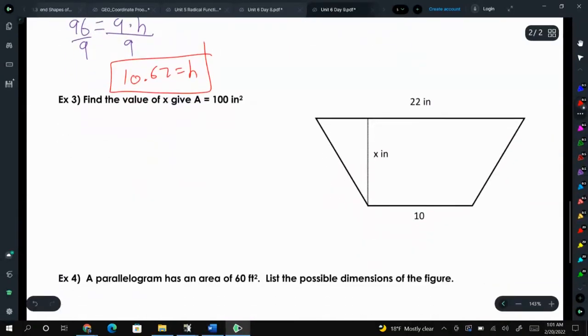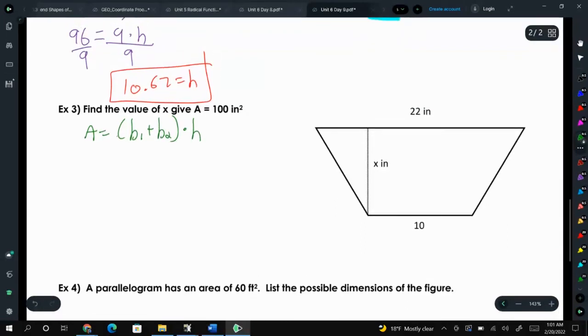Example number 3 is a trapezoid where I'm giving you the area. So you'll notice that all the problems on this page, I'm giving you the area and I'm asking you to find a missing dimension. In this instance, we know that the bases are parallel to one another, and it doesn't matter which one you make base 1 or base 2 because you're adding. So our area is 100. Our base 1 is 22.